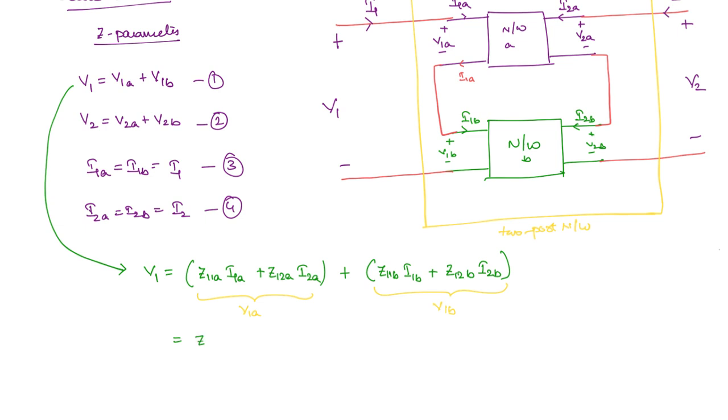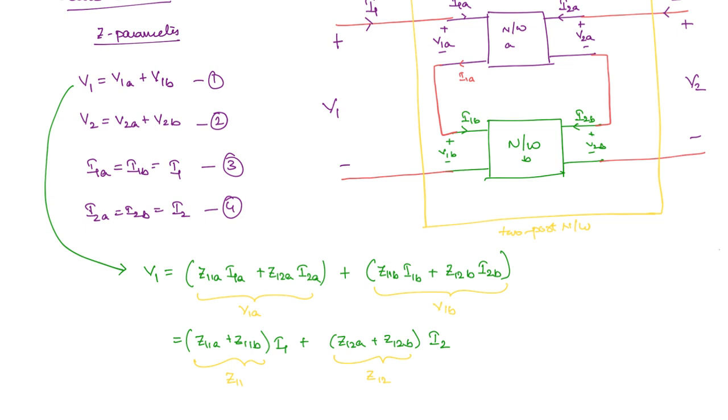So you can rearrange this equation as Z11A plus Z11B into I1 plus Z12A plus Z12B into I2. So now this will become the new Z parameter Z11 and this will become Z12 because we have got the first Z parameter equation.